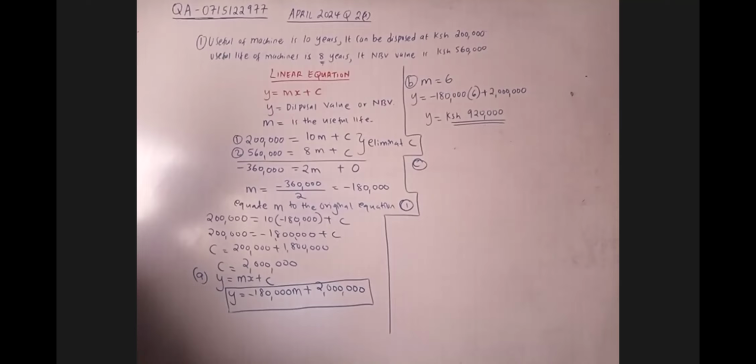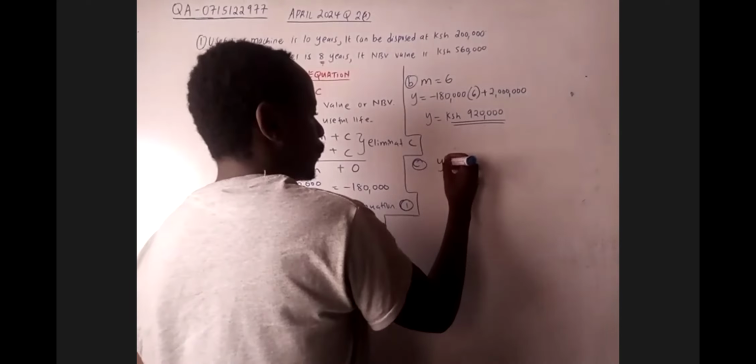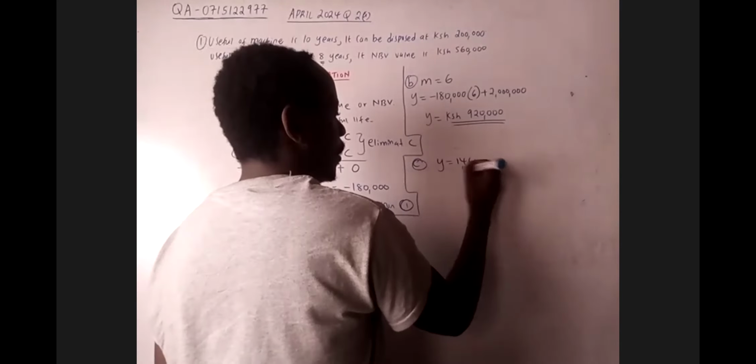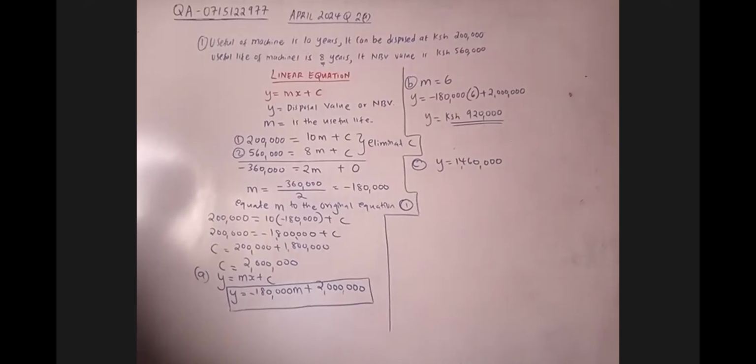Number C. Determine the number of years if the value of the machine is 1,460,000. Now, if y is 1,460,000, find the life of the machine. So what will be the value of m?